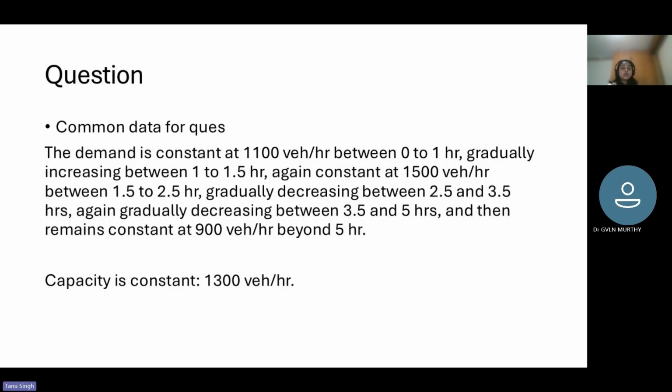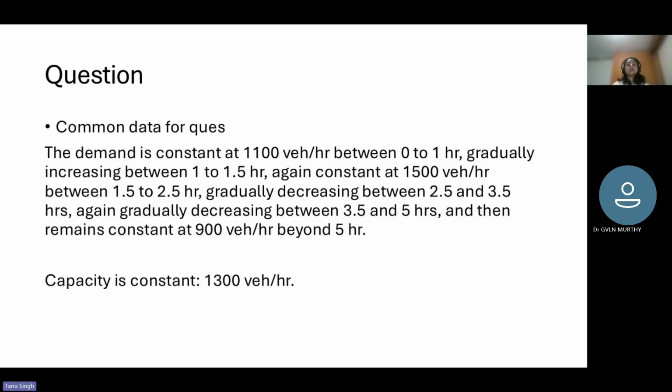Then it gradually increases from 1 to 1.5 hours. Then it is constant at 1500 between 1.5 and 2.5, and then it gradually decreases between 2.5 and 3 hours, and again gradually decreases between 3.5 and 5 hours, and then remains constant at 900 vehicles per hour beyond 5 hours.